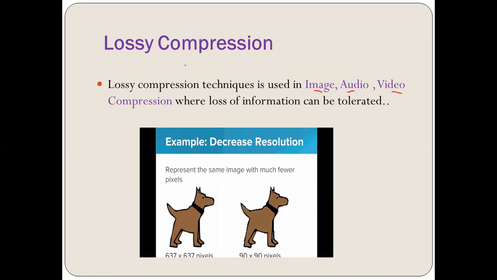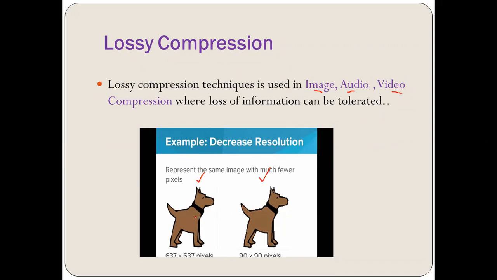We can use the lossy compression in this particular type of files. See here, you can see this particular image. Can you see any difference in this particular image? Yes, there is a little difference. The clarity of this particular image is more than this, but it does not make much difference.